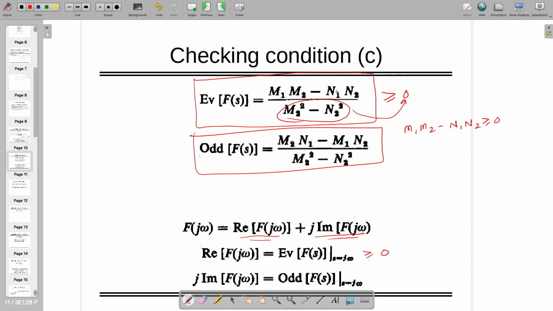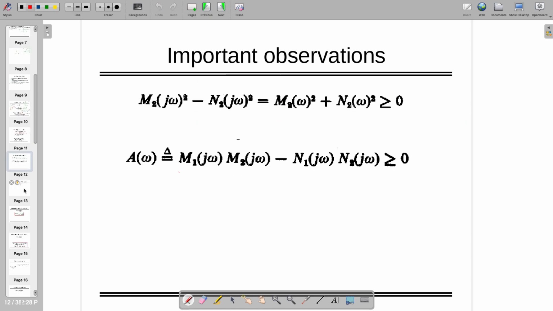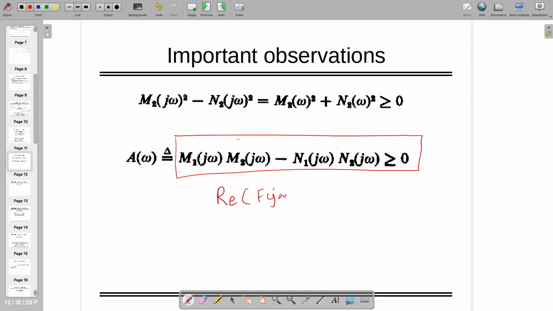You can say that. So the condition which comes at the end is m1 times m2 minus n1 times n2 has to be greater than or equal to 0 to meet the third condition, which is equal to this one, right? Okay, so please keep this in your mind.